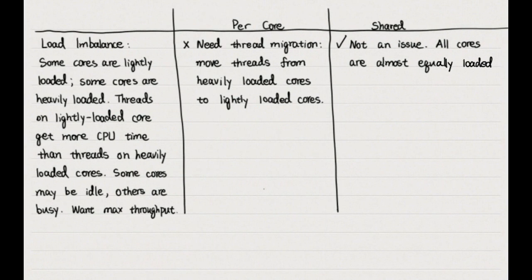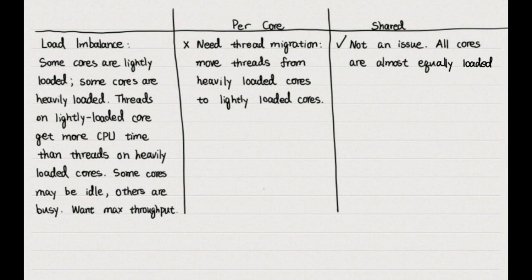Load imbalance means some cores are lightly loaded while others are heavily loaded. Threads on lightly loaded cores get more CPU time than threads on heavily loaded cores. For the per-core ready queue design, let's consider an extreme case. We have a processor that has two cores, core 1 and core 2. Core 1 is completely idle, meaning there is no job running on core 1.